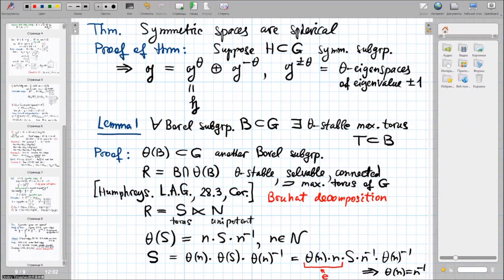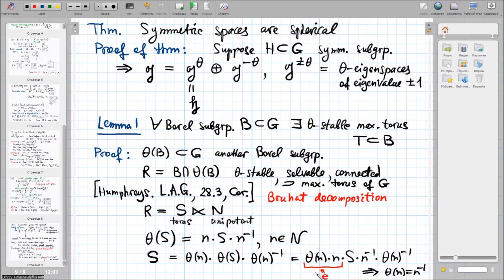But the point here is that S is a maximal torus in a solvable group R, and for solvable groups it is known, you may consult the book of Humphreys, that maximal tori in solvable groups are self-normalizing. But this product sits in N. N is also fixed by theta, because N is just the set of all unipotent elements.